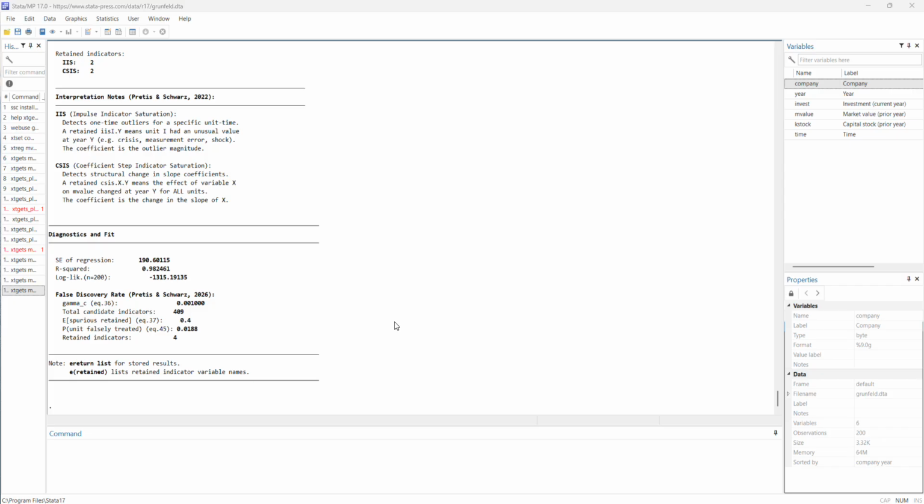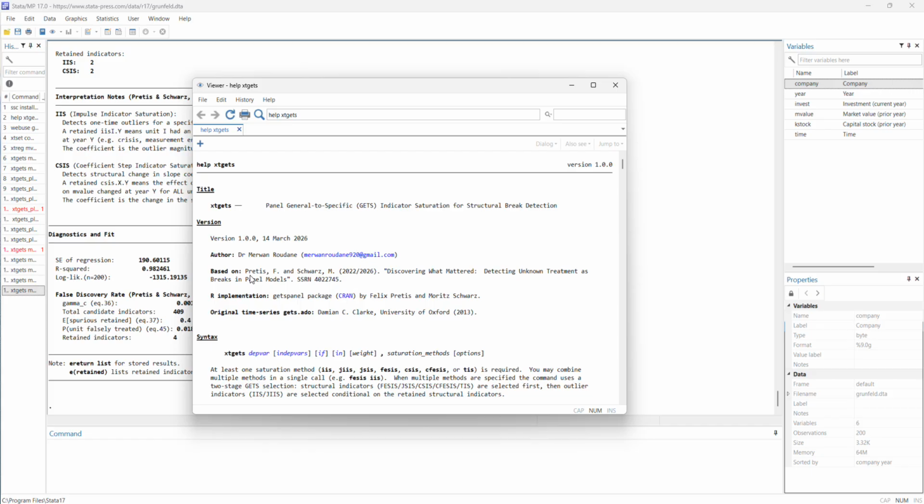If you want to go to theoretical details, the base study of this method was developed for R and is presented here. If you go here, you can see this study by Pettis and Schwartz, Discovering What Mattered: Detecting Unknown Treatment as a Break in Panels.